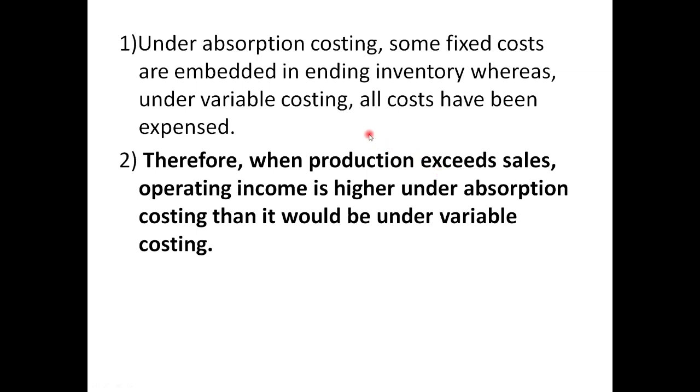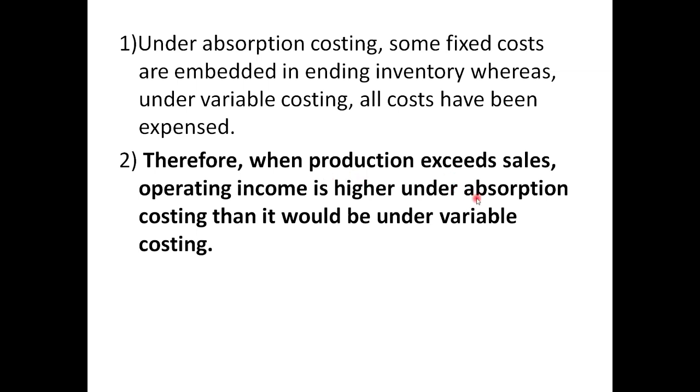A portion of fixed manufacturing overhead will be included on the balance sheet and not included in the cost of goods sold. So we subtract less from the revenue under absorption costing. In variable costing, we subtract the full amount of fixed manufacturing overhead.